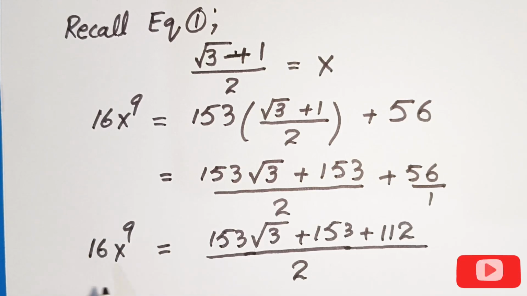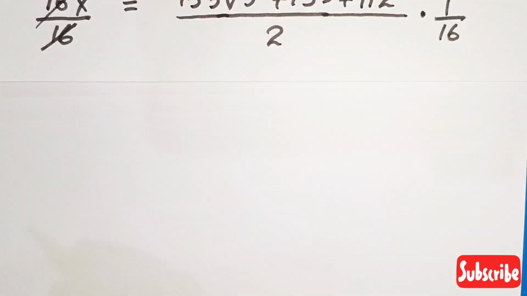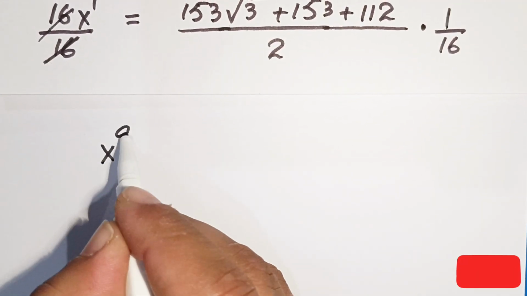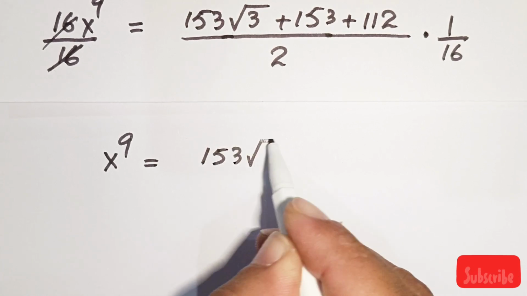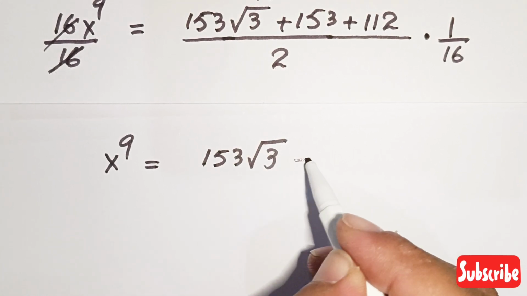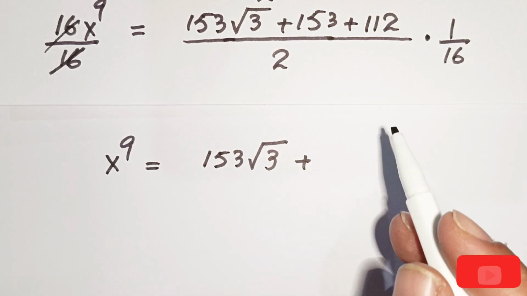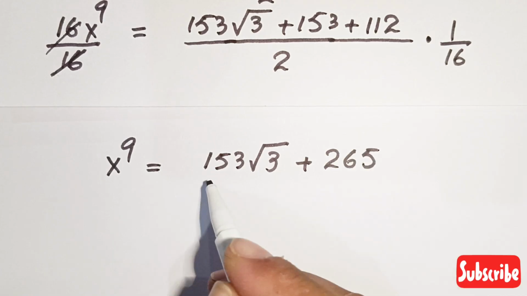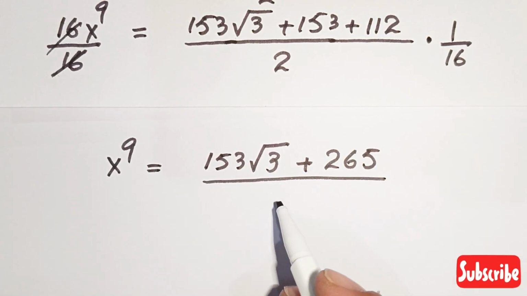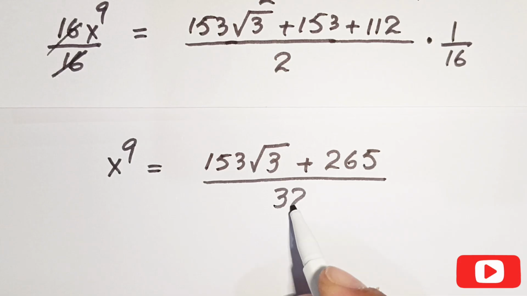If we divide both sides by 16, cancelling 16 with 16, x to the power 9 is equal to 153 times square root of 3, plus adding 153 plus 112, we will get 265, all over 16 times 2 is 32.